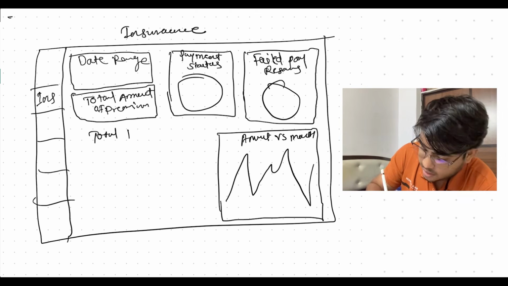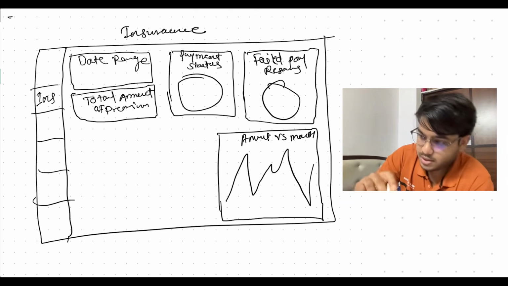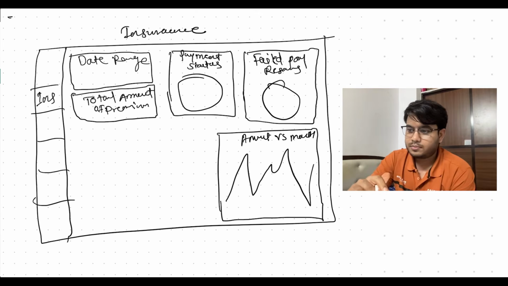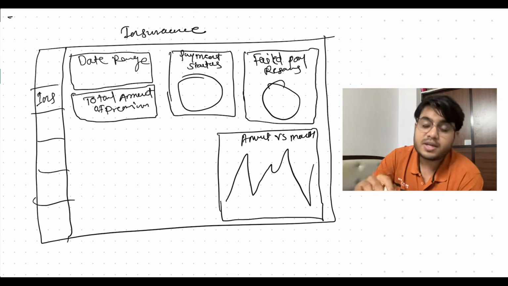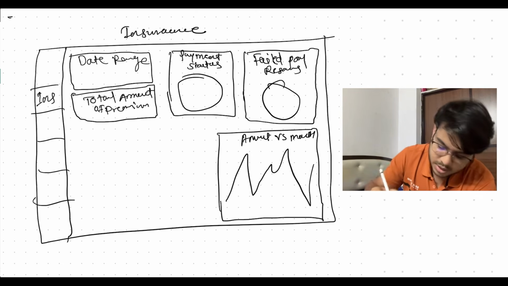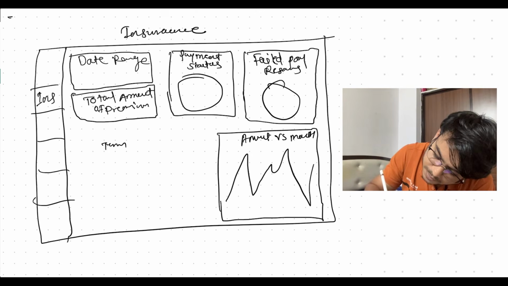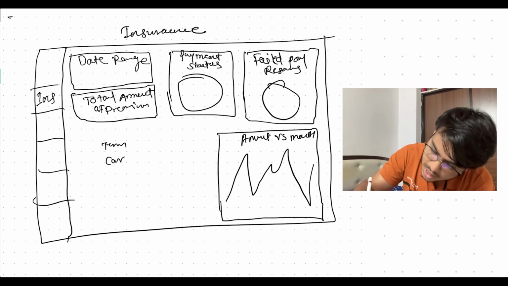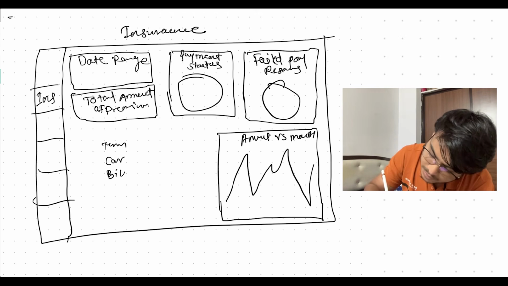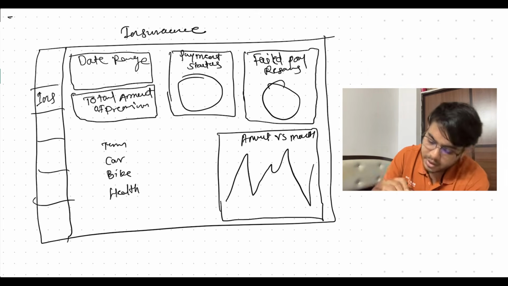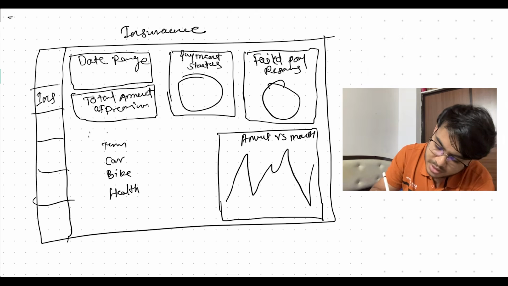under the services, so under the insurance there will be sub insurance types, like term insurance, car, bike, and health. Okay, so we'll add this one here, and here we'll add total transactions.